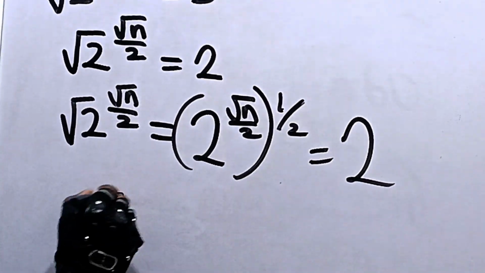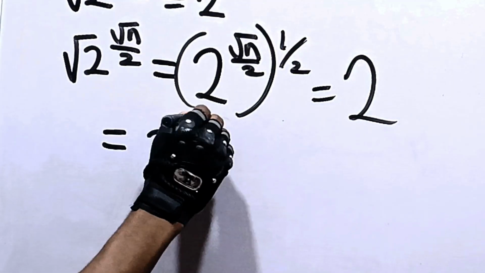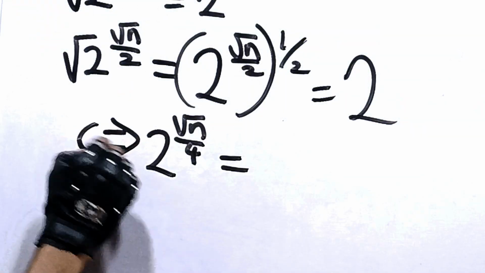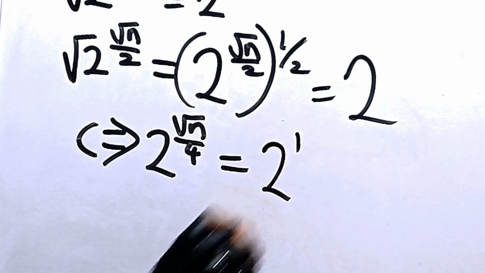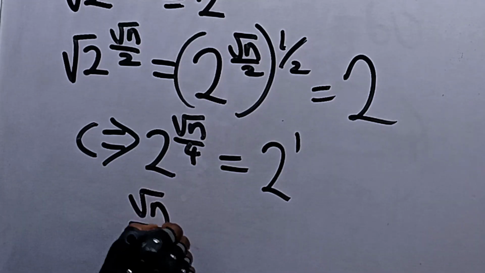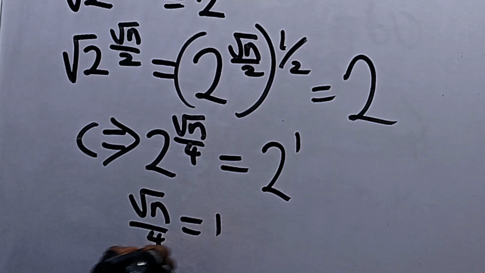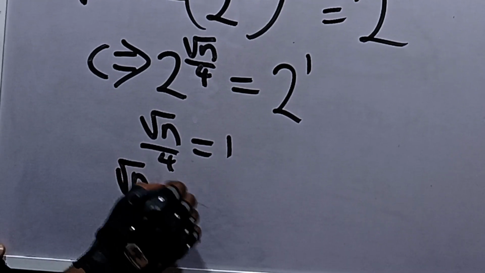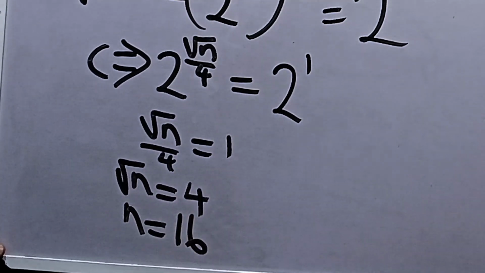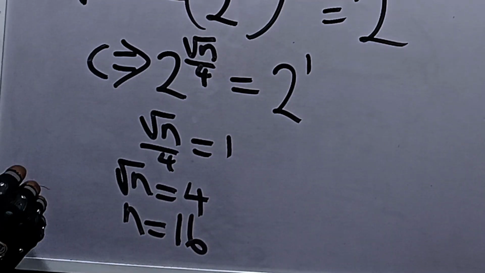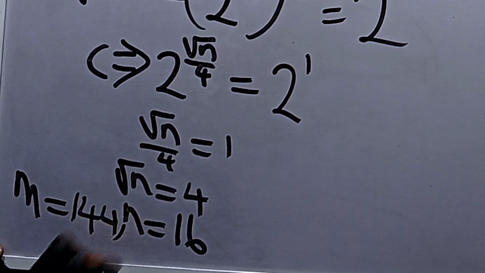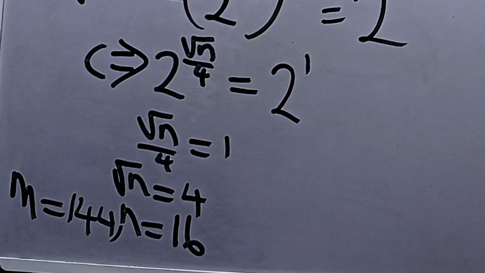This is the same thing as 2 raised to power root of n over 4 being equal to 2 raised to power 1. When the bases are the same, you equate the power, so root of n over 4 is equal to 1. Hence root of n is equal to 4, making our n equal to 16. So n is equal to 16 and our m is equal to 144. These are the two answers in this question.